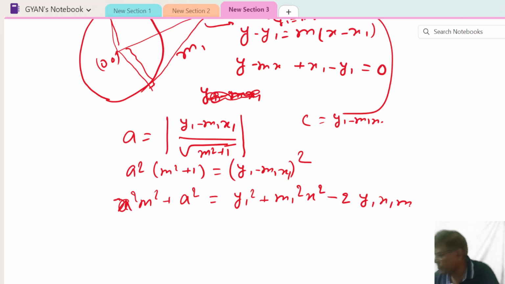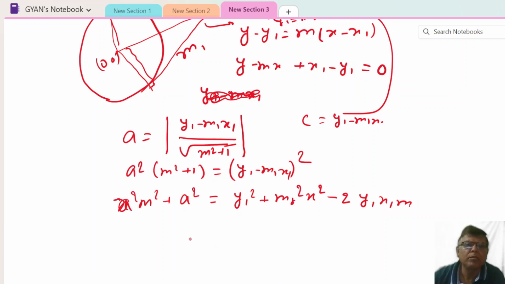Correct. So we got the quadratic equation in m.